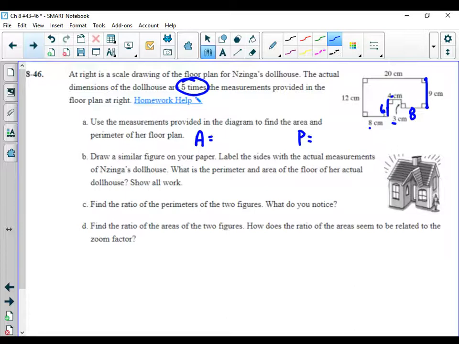All right, so from there, you could find your area, depending on how you wanted to attack it. And I got a lot of markings here, so. You could probably break it into different rectangles. If I were doing it, maybe I'd break it into these rectangles. So we have a 12 by 8, so 96.